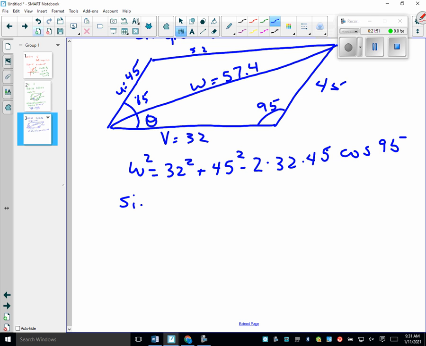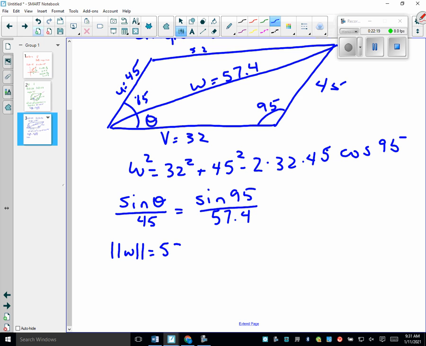So is the sine of theta over 45 equal to the sine of 85 over 57.4? Right? What is theta? 1.46.